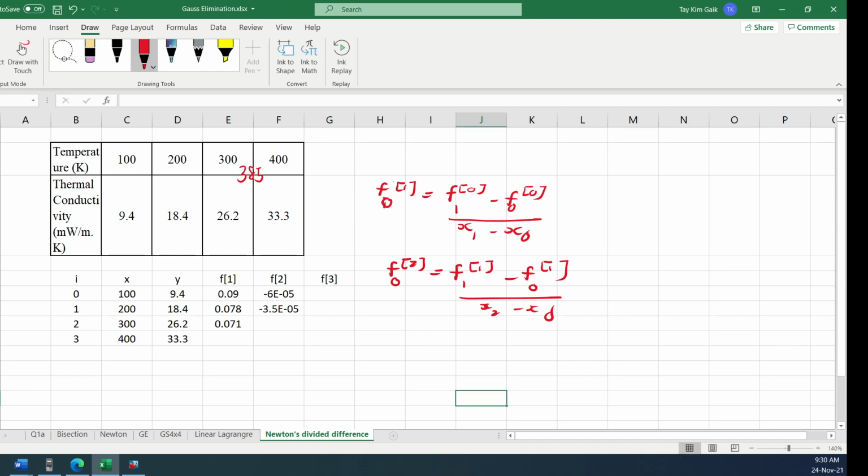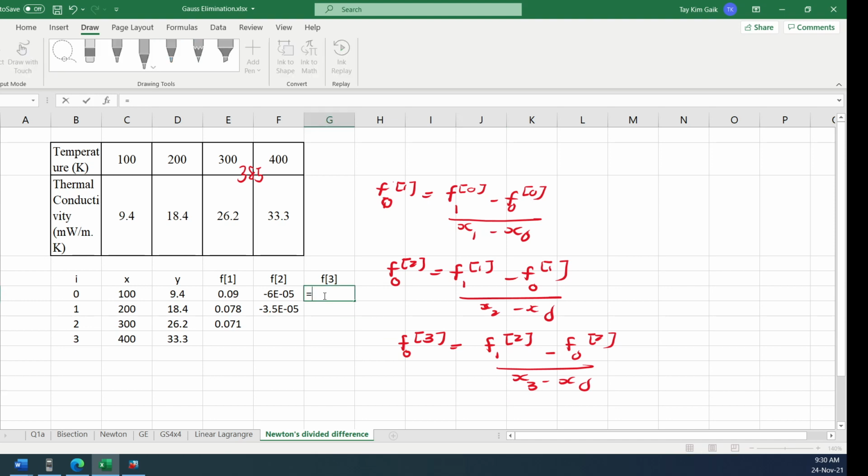Okay, third level, the formula F03. Third level depends on the second level. So take the bottom, deduct the top: F12 minus F02. 0 plus 3 will be x3 minus x naught.